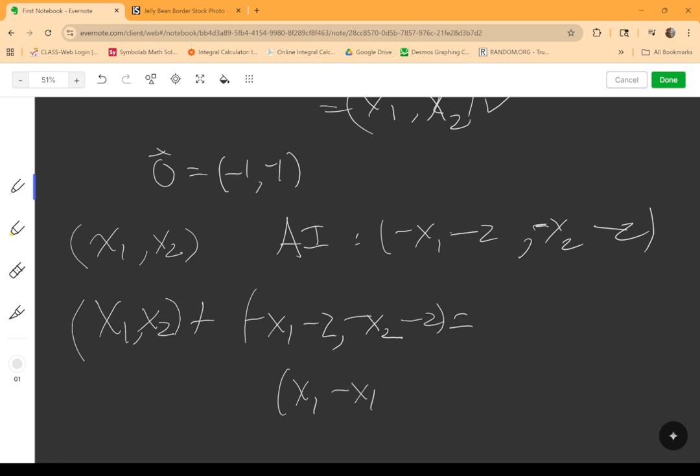All right, so that becomes, applying the addition rule that we defined up above, x1 minus x1 minus 2 plus 1, and then x2 minus x2 minus 2 plus 1.